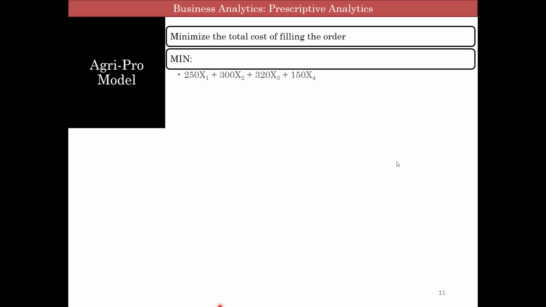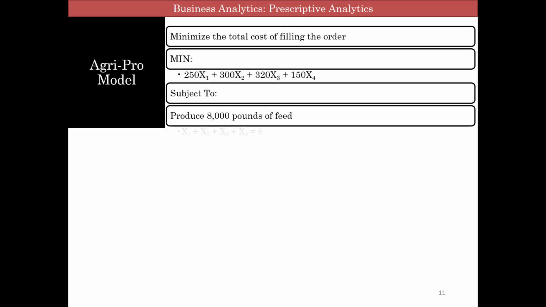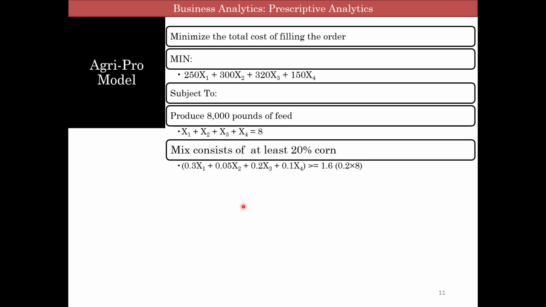And when we start defining it this way, X1, X2 as thousands of pounds, the problem changes. So here we are minimizing the cost of filling the order. Now instead of 0.25, remember this is thousands of pounds, it's 0.25 per pound, so it's $250 for thousands of pounds. So these change. And in the constraint now, X1 plus X2 plus X3, these are thousands of pounds, so that's equal to 8, not 8,000. 20% of corn.